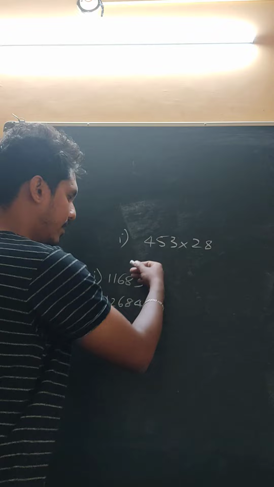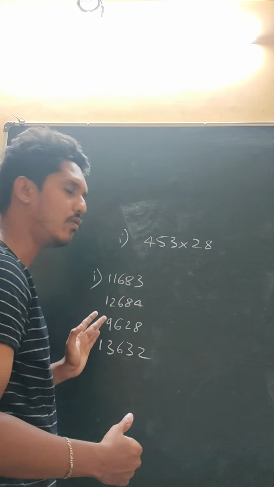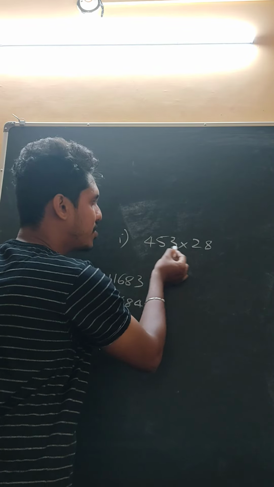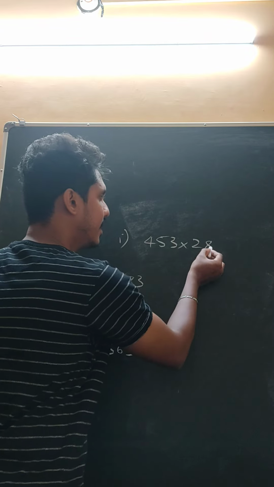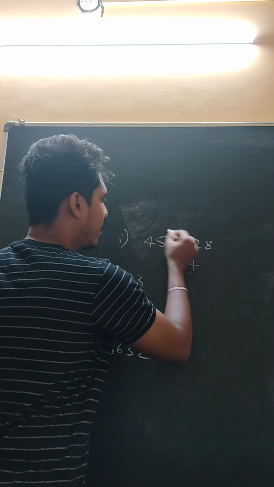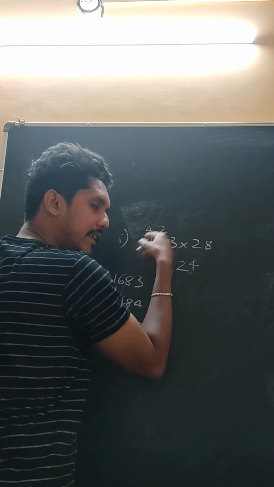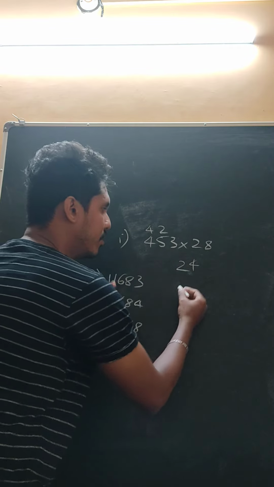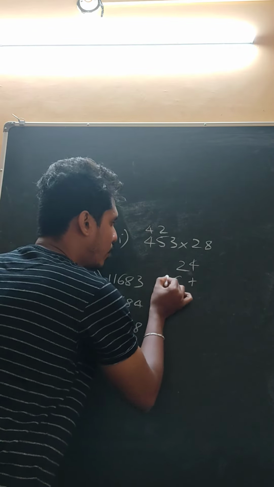How do you select the right answer among these 4 options? In this case, there is no need of doing the multiplication in full. What the guys do is 8 3s are 24, 2 carry, 8 5s are 40, 40 plus 2, 42, 4 carry. They'll put an addition symbol here, then they'll multiply 2 3s are 6, and go on doing like this.